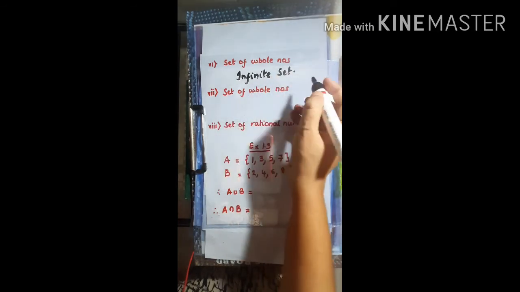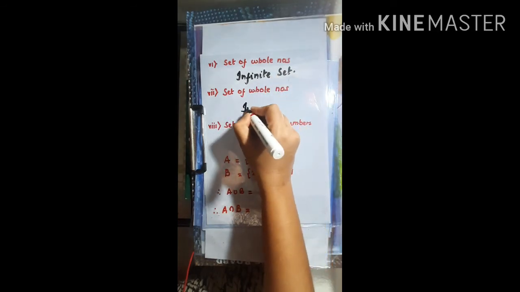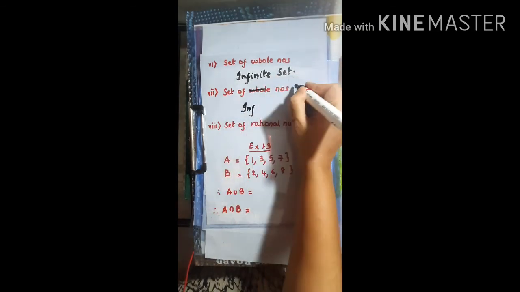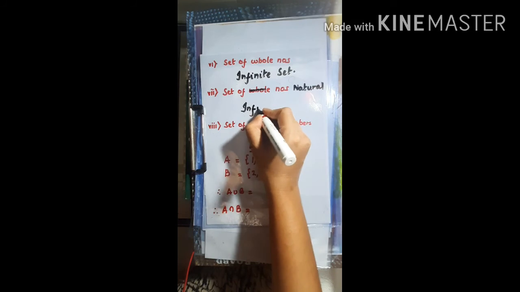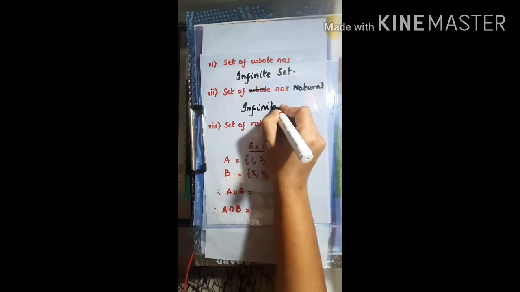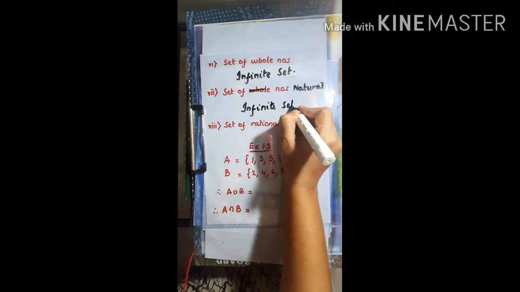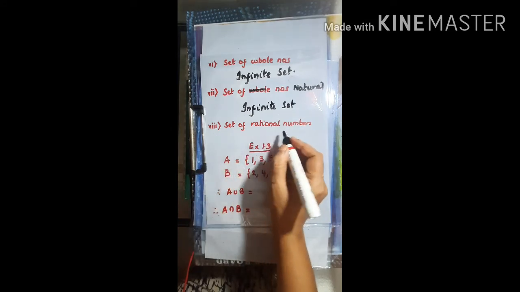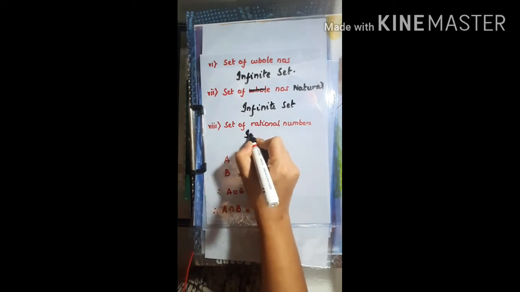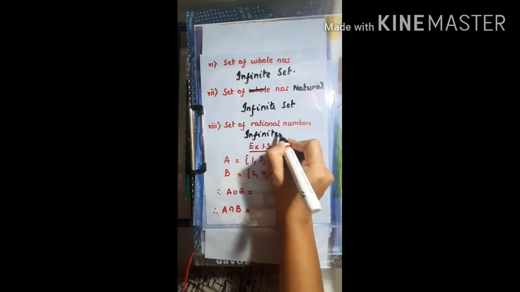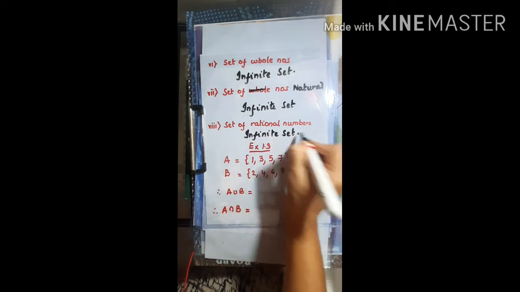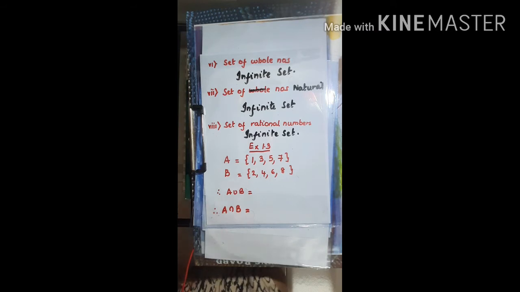Set of natural numbers, this is not whole, it is natural numbers. Make the correction. It is an infinite set. Set of rational numbers once again is an infinite set.